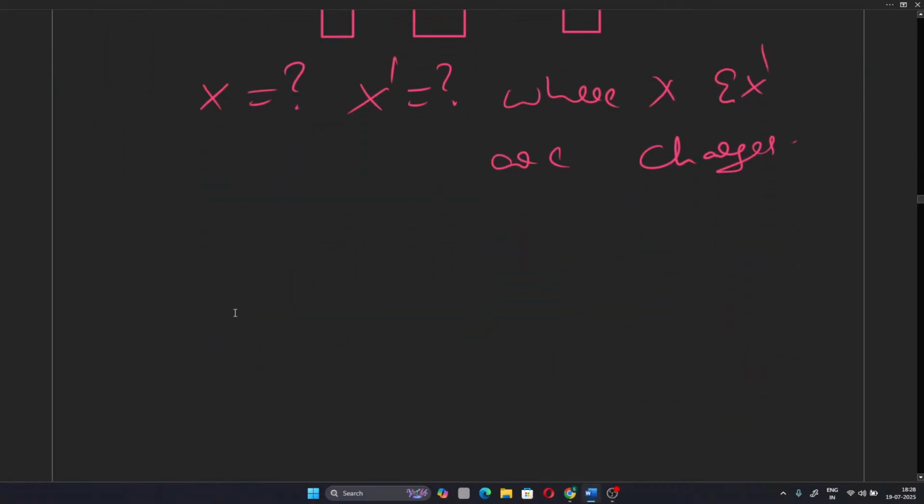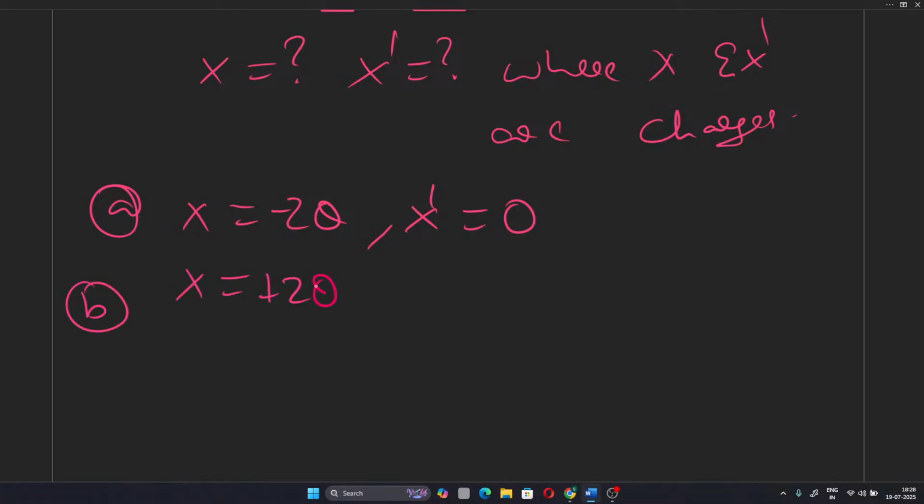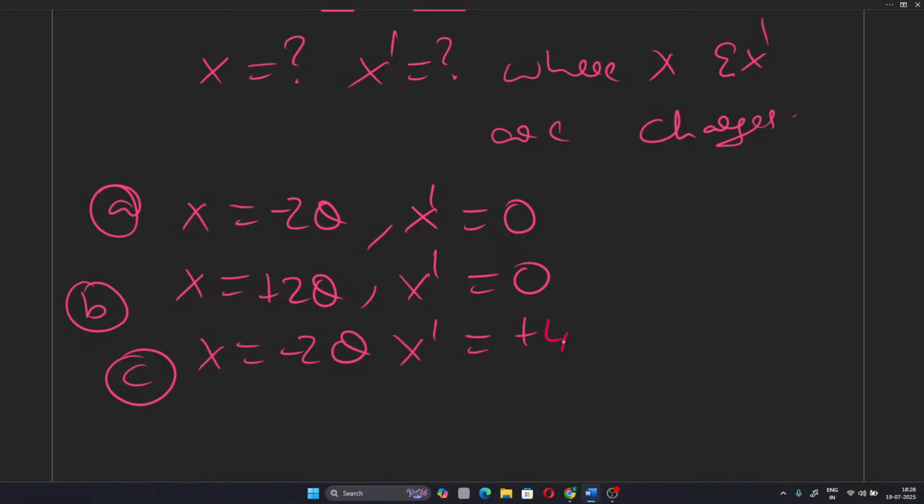The options given are: A, x equals minus 2q and x dash equals 0. B, x equals plus 2q and x dash equals 0. C, x equals minus 2q, x dash equals plus 4q.